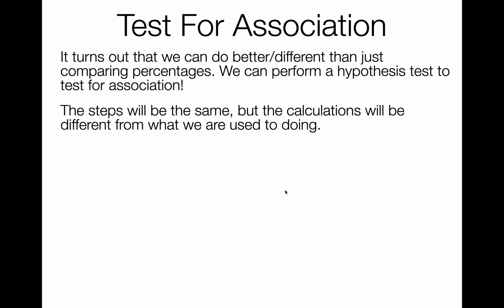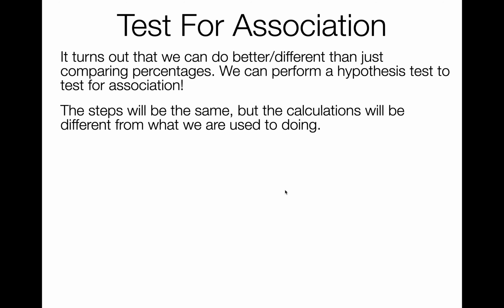So, in this hypothesis test, the steps are going to be exactly the same as any other hypothesis test that we do. Okay, so we'll have the exact same 7 or 8 steps, I forget how many we have, as any of the hypothesis tests in lesson 8 or lesson 9.